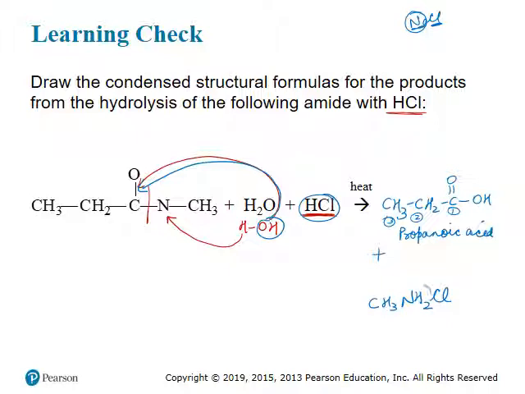So we name this first and then this. This is chloride, so you can simply write chloride for this. Now we name this. This is methyl ammonium. So methyl ammonium chloride. Okay, so that is acid hydrolysis. Perfect.